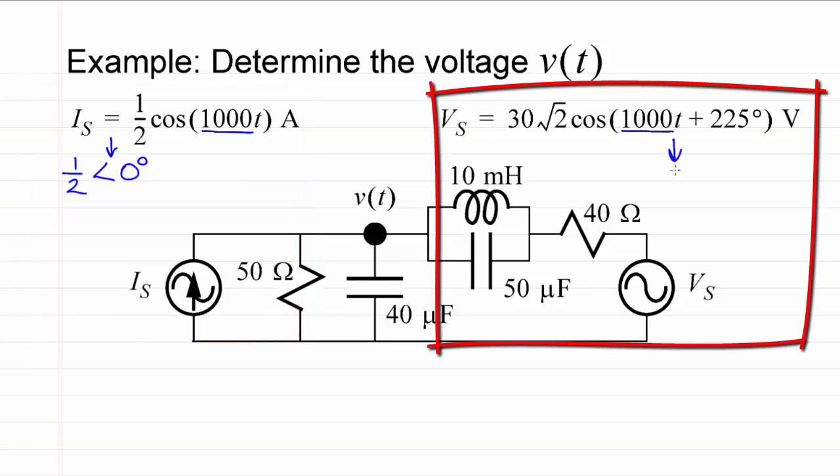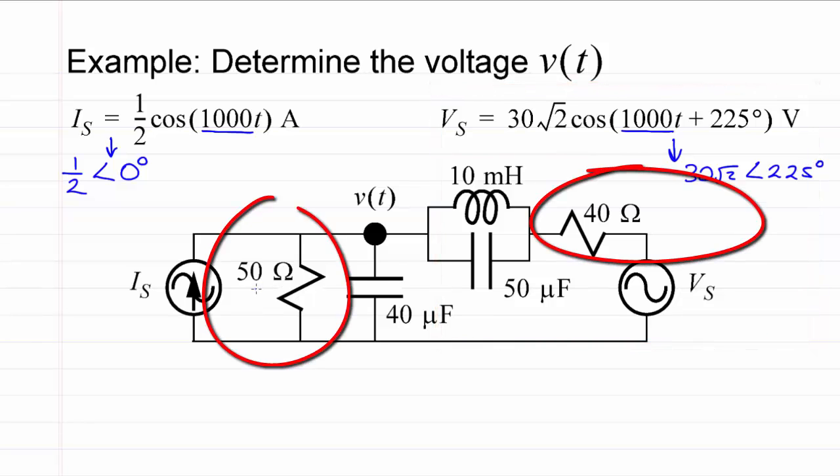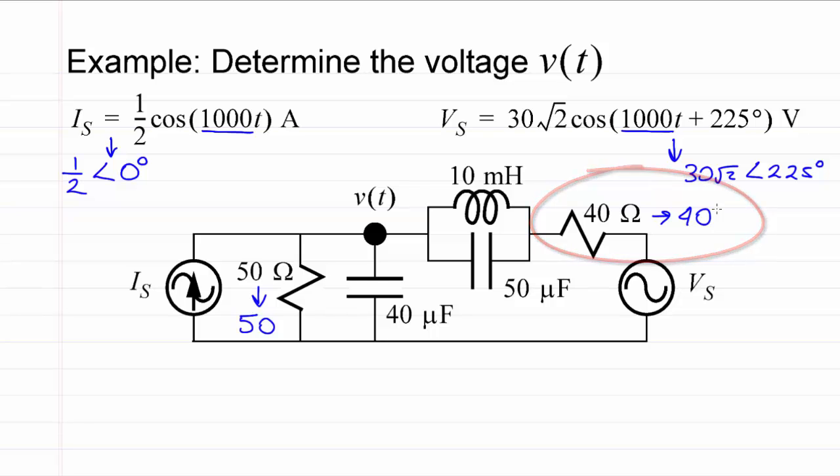For the voltage source, I'm going to have a magnitude of 30√2 at an angle of 225 degrees. The resistors just become resistors of the same magnitude, and they have 0 phase, so that'll be 50. We could put angle 0 if we want, but that's probably a bit redundant. And the 40 ohms will translate into simply 40 ohms of impedance.